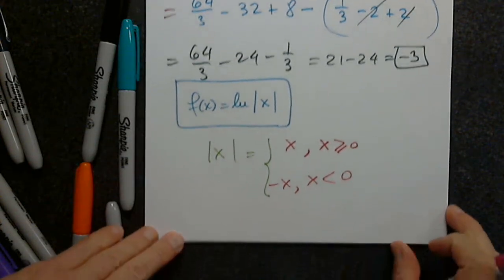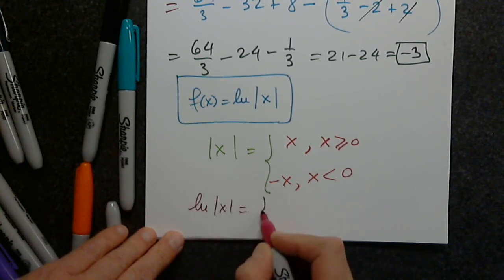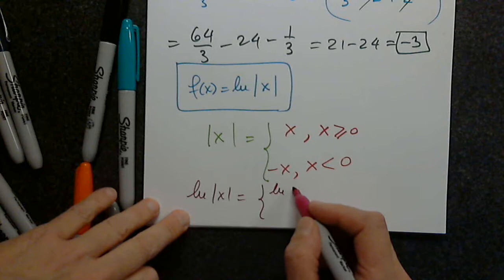Now I would like us to simplify this function, which is natural log of the absolute value of x. What are the options? Very good. Awesome.